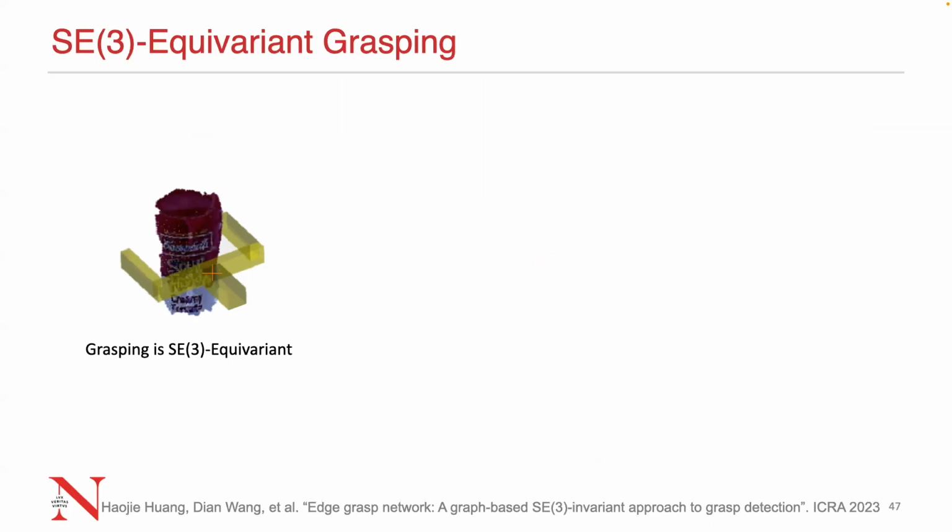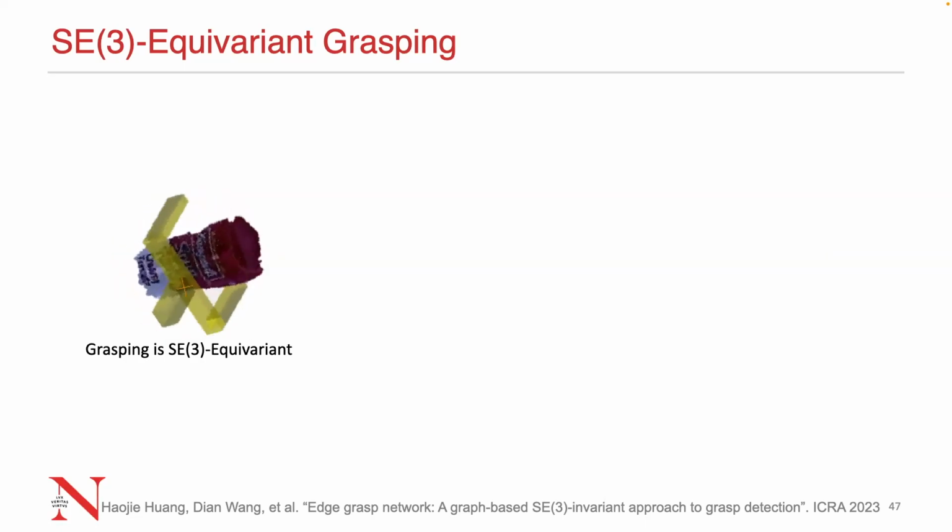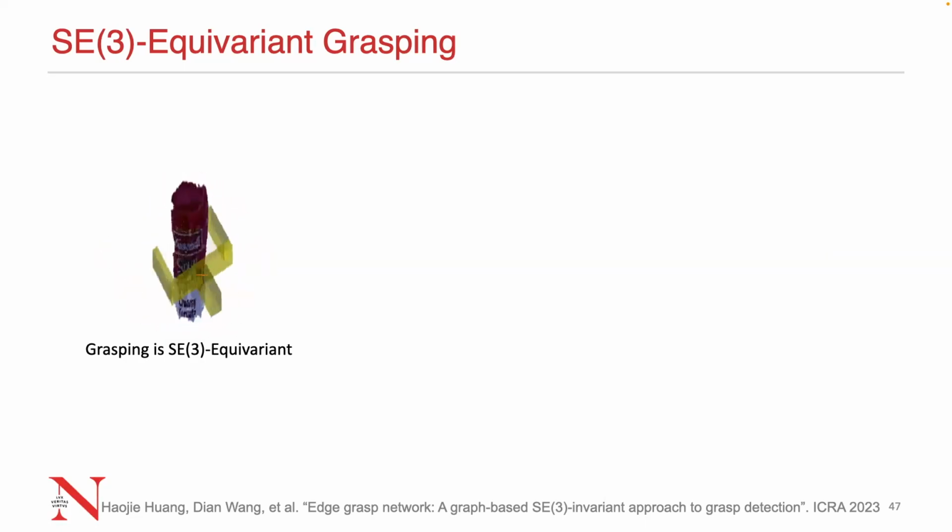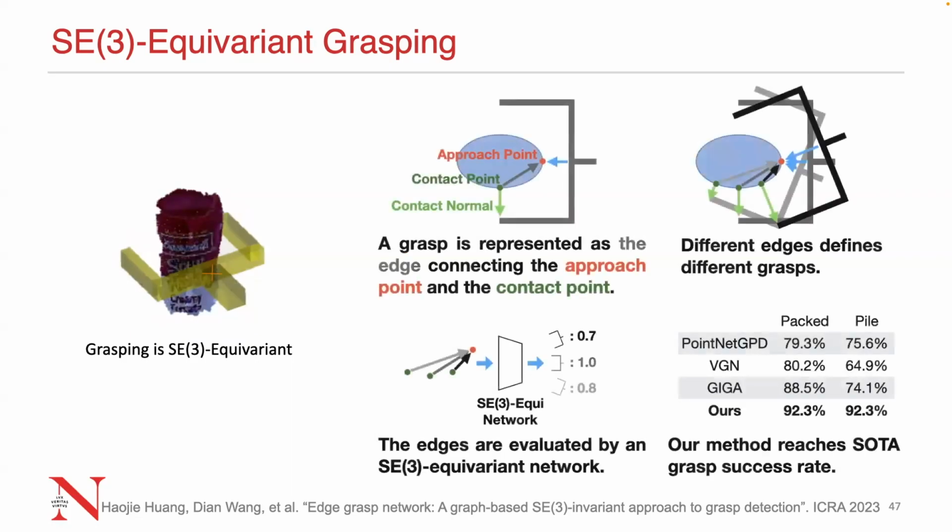But grasping can actually be SE3 equivariant. So you can rotate it or reflect it however you want, and you should still have your gripper transform accordingly. I'm not going into detail on this, but it uses an SE3 equivariant architecture, the vector neuron, which I think you might already know.